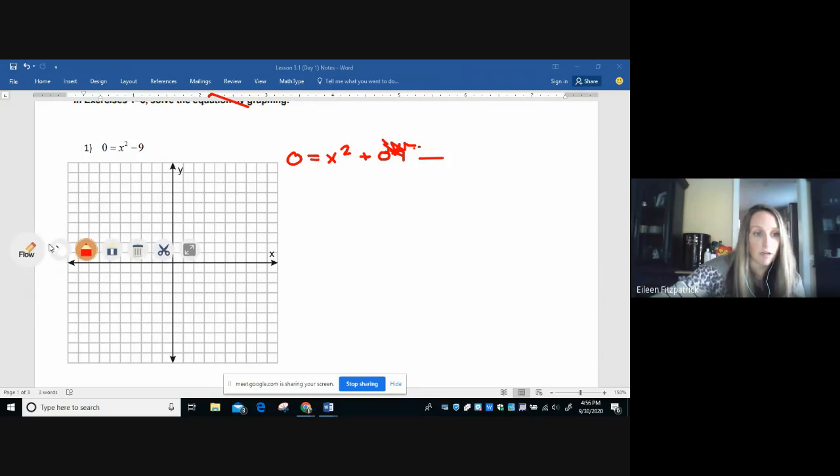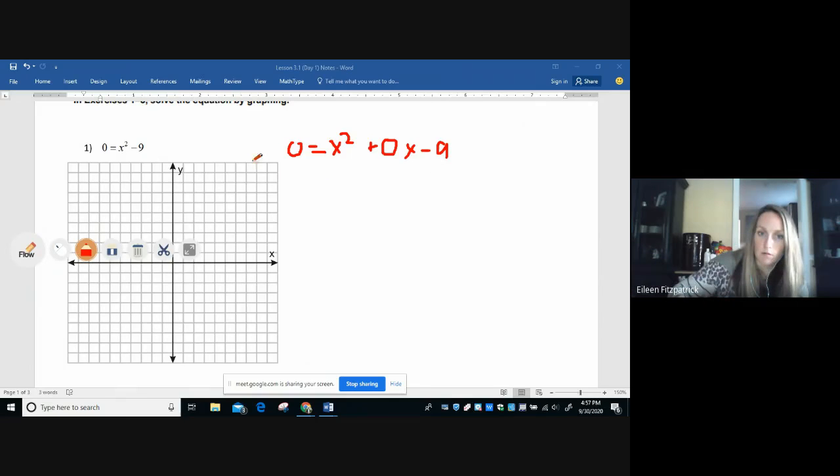I guess I'm going to be writing with my mouse today because my pen does not want to cooperate. So 0 equals x squared plus 0x minus 9, okay?